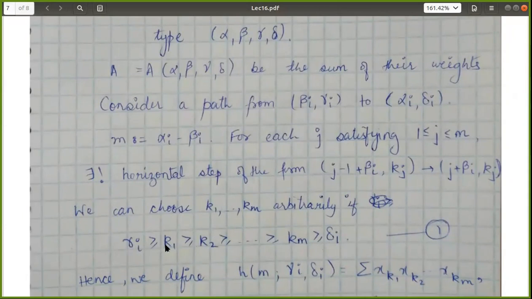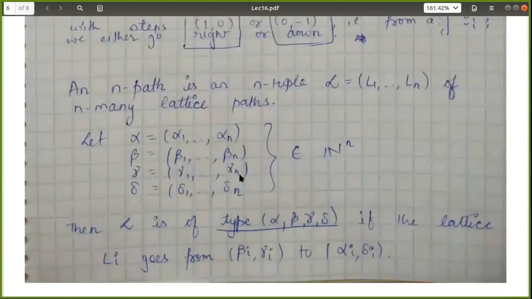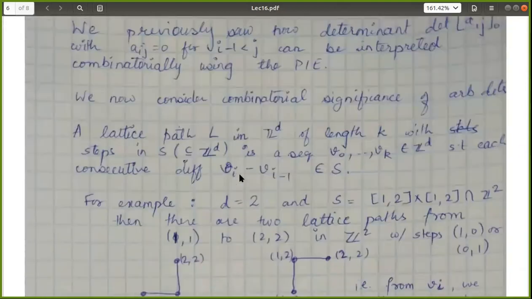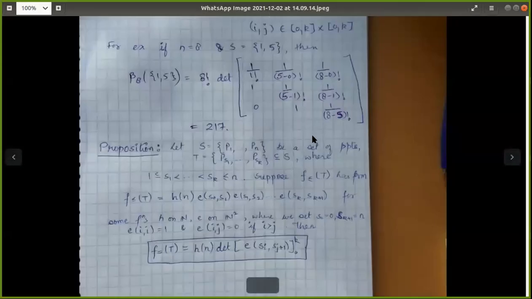And therefore, depending on this k_1, k_2, ..., k_m sequence, which lies between gamma_i and delta_i, you define the function h. Why are we dealing with this h all of a sudden? Not all of a sudden. This is what we, not here, but if you remember the earlier part, is this visible?